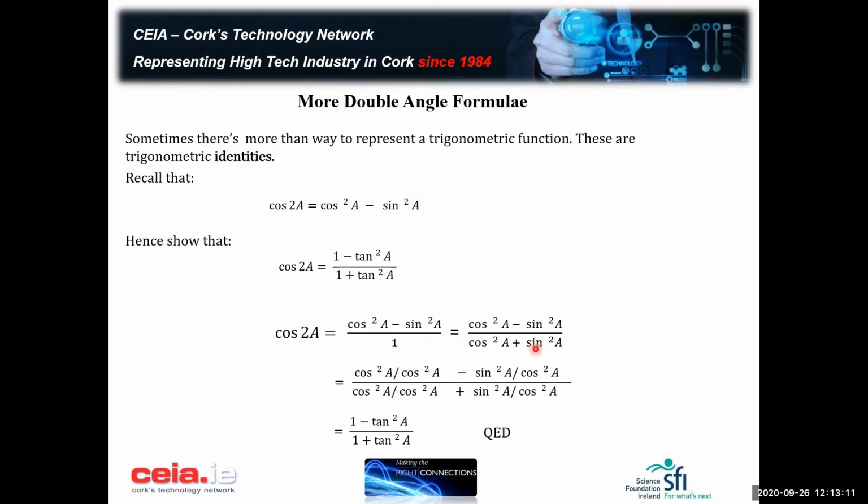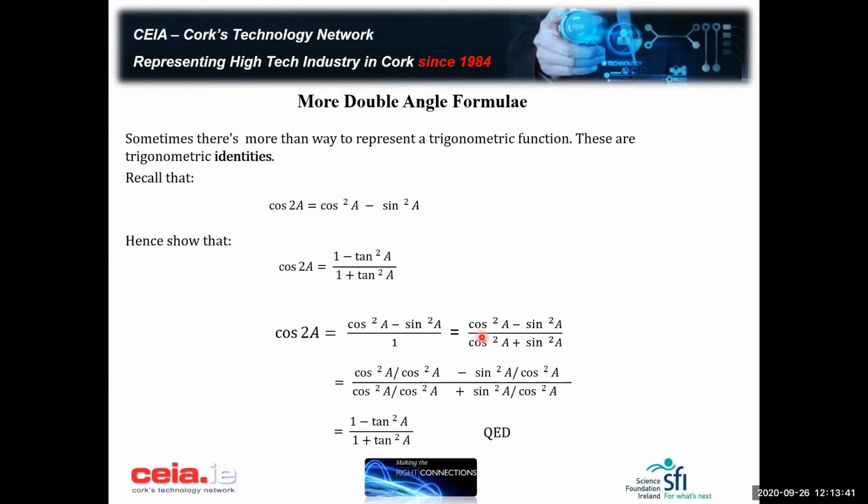And now you divide above and below by cosine squared. So all four of these terms get divided by cosine squared. And the clue to do that is that you want a 1 here and a 1 here.